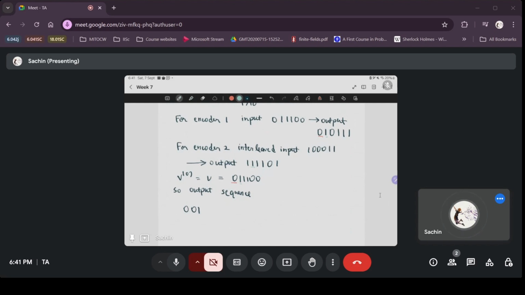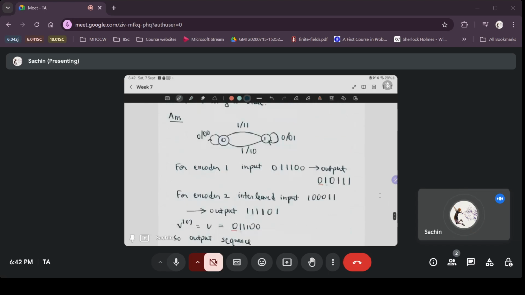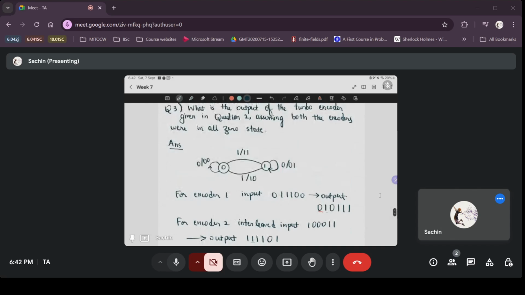So next you'll get 1, 1, 1. Next you'll get 1, 0, 1. Then 1, 1, 1 again. Next is 0, 1, 0. Next is 0, 1, 1. So that is your output sequence for the convolutional encode for the turbo encoder.